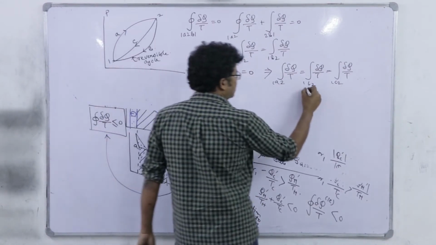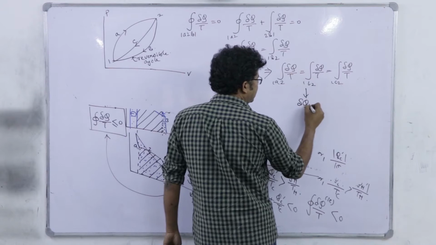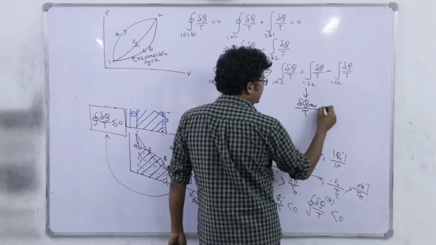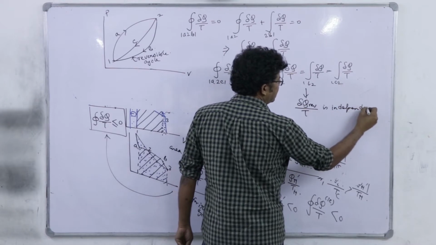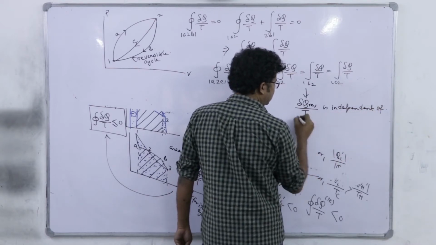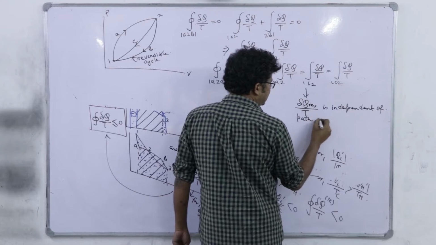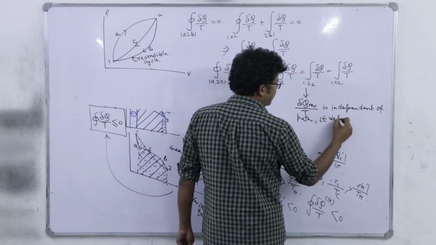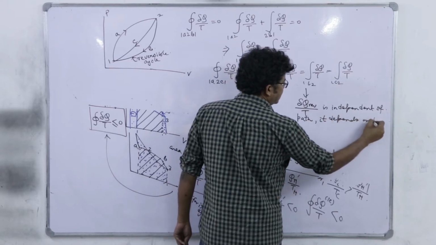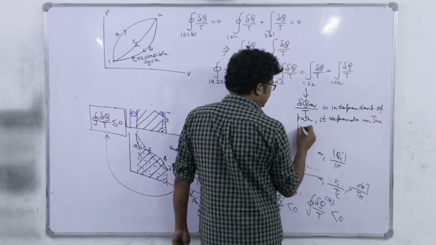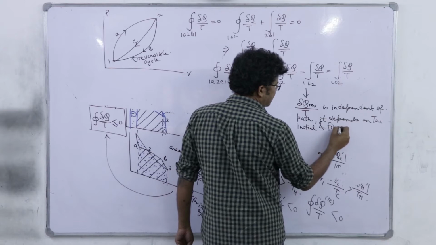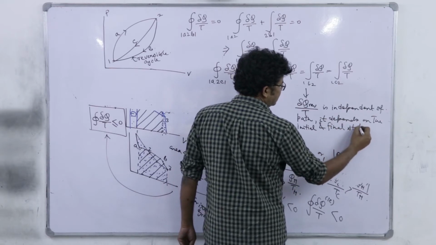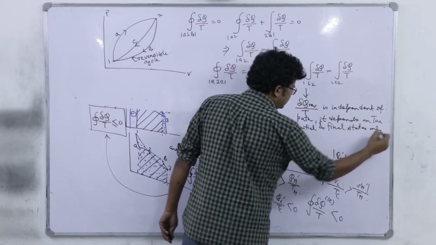So, the quantity del Q reversible by T is independent of path, it depends on the state only. It depends on the initial and final states only.